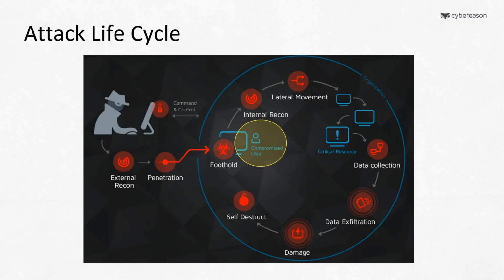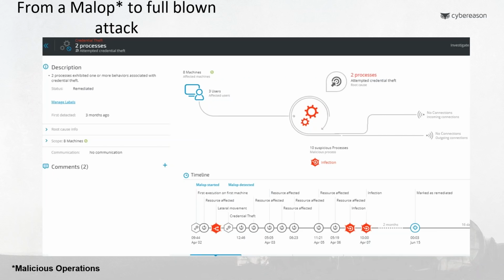Our case starts with a compromised user. The first indication we had was about credentials being compromised, and let's see how it looked on the customer side. So this screen is from the Cybereason console, and it describes a Malop, what we call a Malop, which is short for malicious operation.